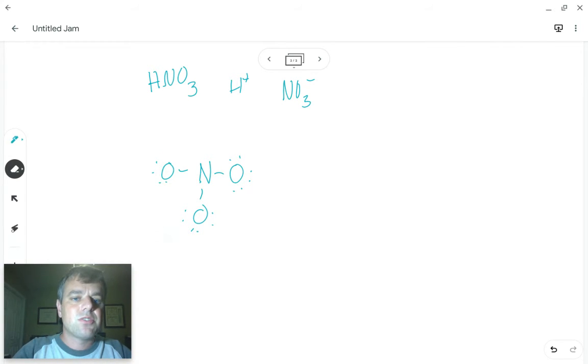So let's go in and just draw one of these cases here. And then if we add an H plus to this, we're not changing our electron count, but that hydrogen is going to attach itself to one of these oxygens. It can't go into the nitrogen because nitrogen can only make 3 sigma bonds. So it's going to have to attach to one of these oxygens.